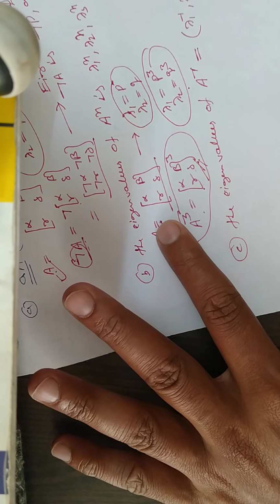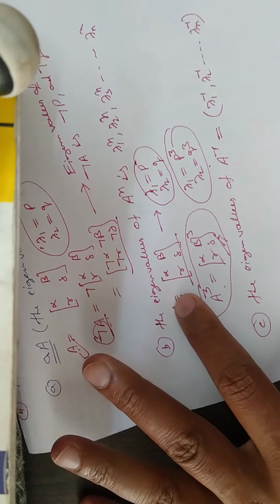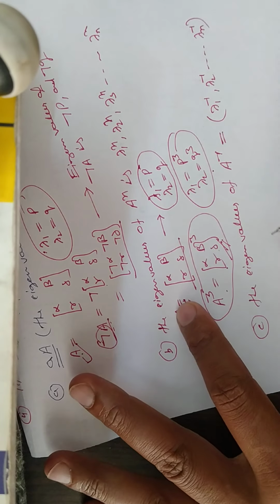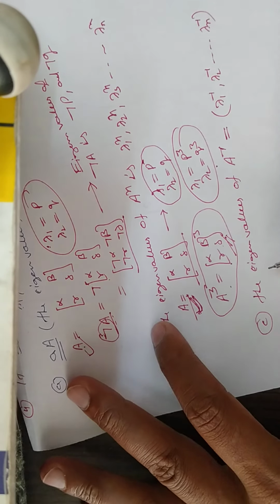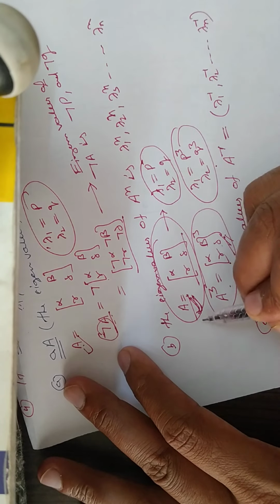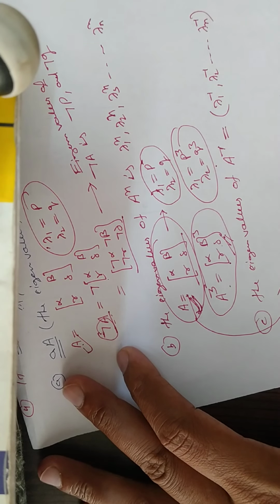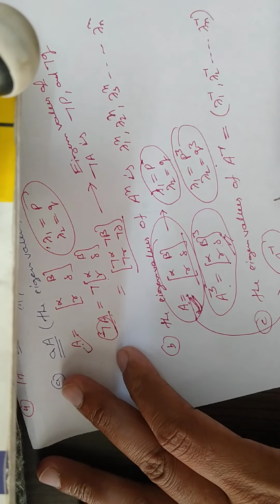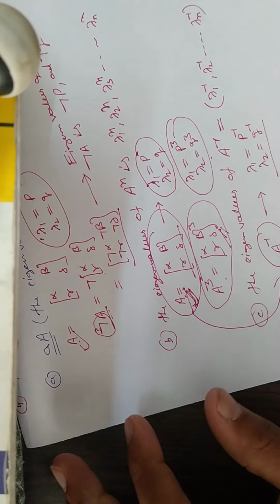It is very easy. Again, you can take the inverse of the eigenvalues. Similarly, in the above example, suppose that you want to find the eigenvalues of the inverse of this matrix. Then they are P to the power minus 1 and Q to the power minus 1, the inverses of the eigenvalues.